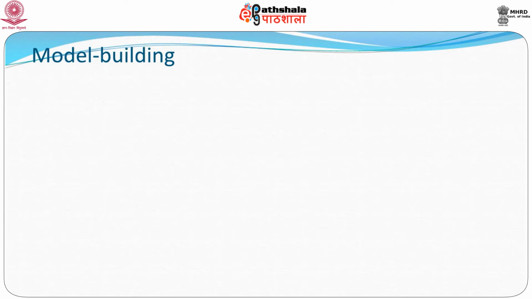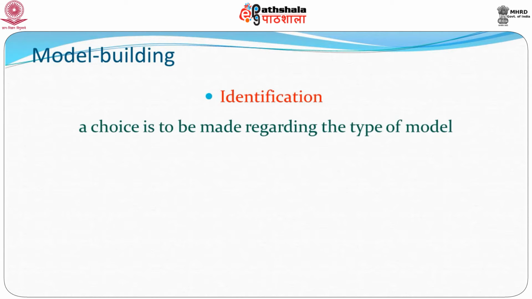Now, how do you build either the ARMA or the SARIMA model or the ARIMA model in general? There are 3 distinct steps involved. The first of them is the problem of identification. That is, a choice is to be made regarding the type of model that we are going to look at.